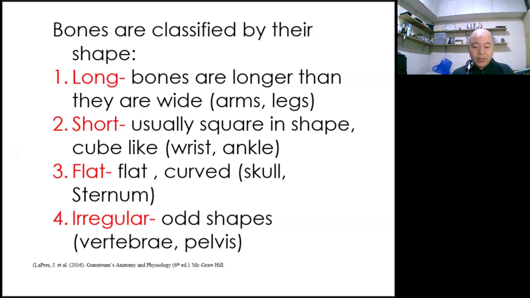So let's look at the flat bones. We have flat bones, but actually they're a bit curved, like the skull and the sternum. Long bones have ends that are bulky. Short bones are usually spongy with a thin layer of compact bone.